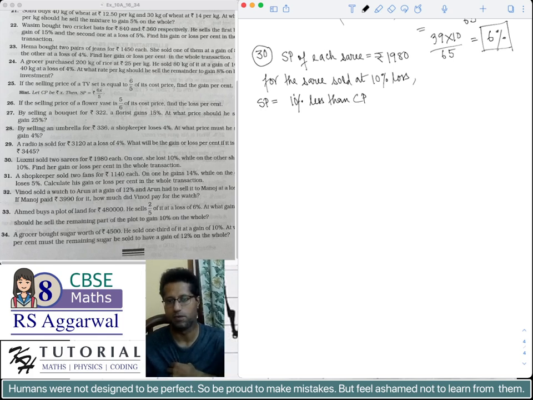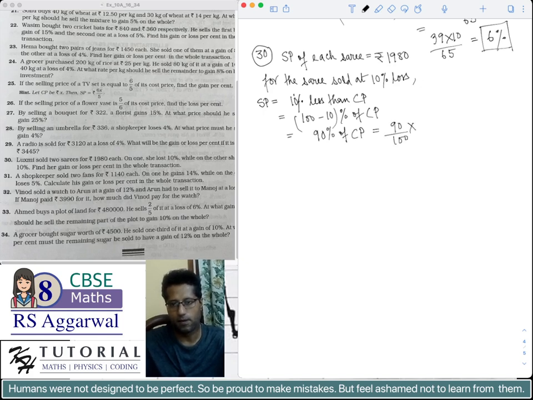Now 10% less means 100 minus 10% of CP. This is equal to 90% of CP, which is equal to 90 by 100 multiplied by CP, which is equal to 9 CP by 10.